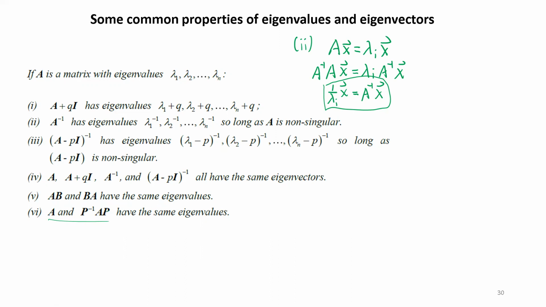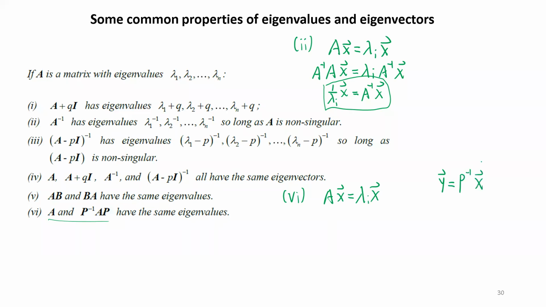So again, how do we prove this? First of all, again, I write down A x equals lambda x. And then I define another vector y, which is given by P inverse x.